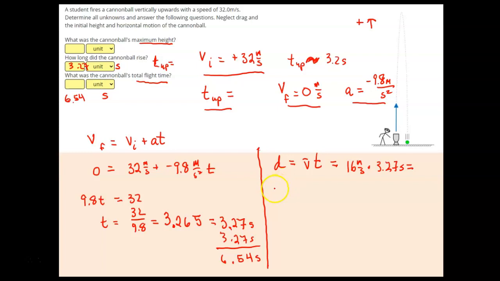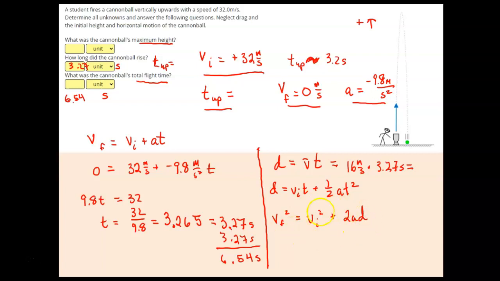We could use distance equals velocity initial times time plus 1/2 AT squared, and plug in our initial velocity 32, time is 3.27 seconds to the highest point, plus 1/2, acceleration is negative in this case because up is positive, negative 9.8, and for t, plug in 3.27 seconds again, and we would get distance this way. And we could also do velocity final squared equals velocity initial squared plus 2AD. We could plug everything in here and get distance this way as well.